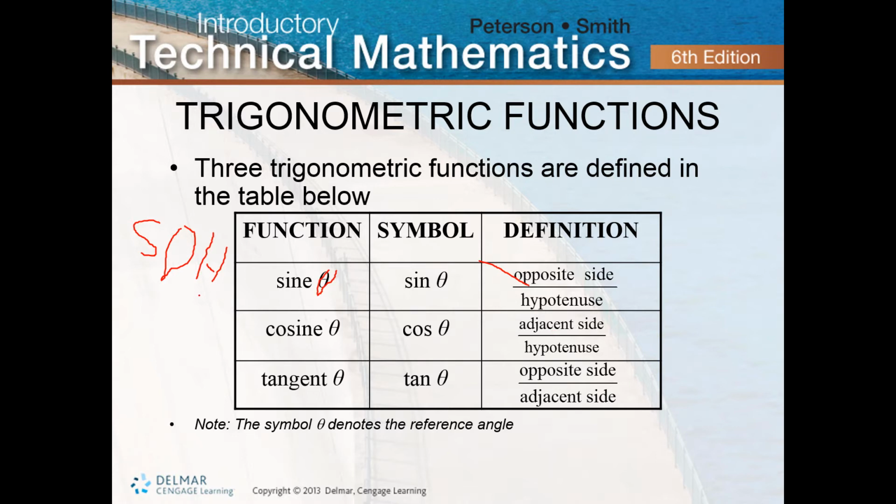is, and that's what we call CAH. Cosine is equal to the adjacent side over the hypotenuse. And finally, we come to tangent.